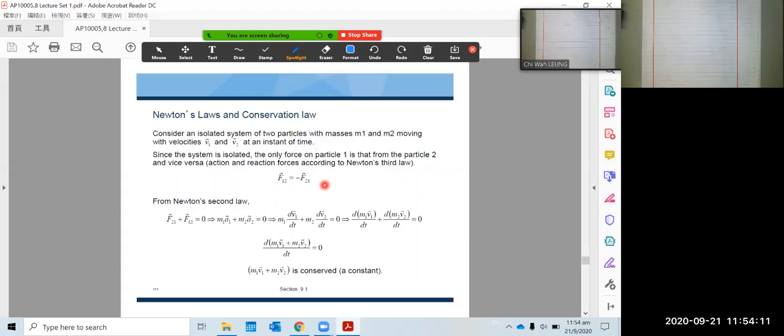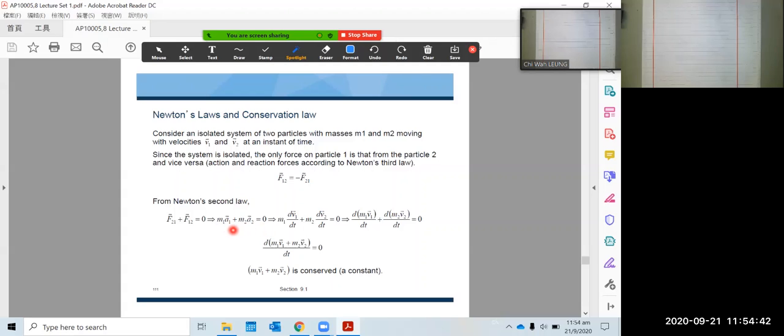Now, according to Newton's second law, what is the effect of the force? It would lead to acceleration of the objects. So you could rewrite Newton's third law with the help of Newton's second law, ma for each term, m1a1 plus m2a2, and that is equal to 0.